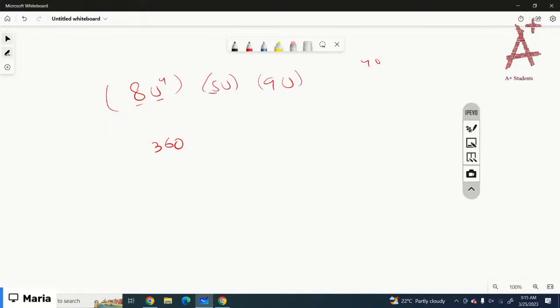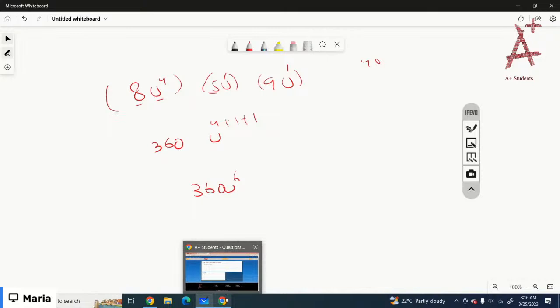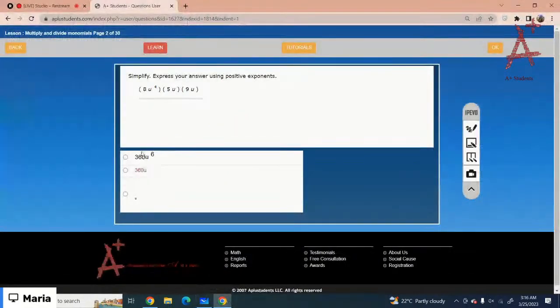Now just look at the variables. Here you have exponent 4, here you have 1 and here you have 1. When you multiply the variables, you add their powers. So it would be 360u6. Just select the correct option. Option number 1 is the correct option. Then click on the OK button.